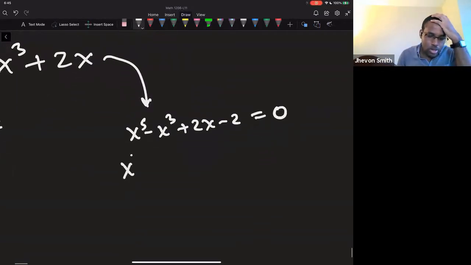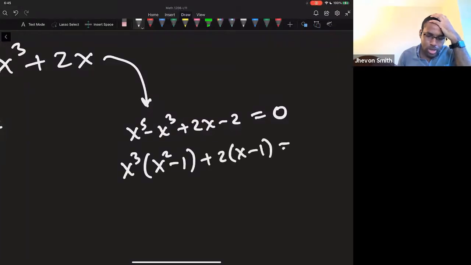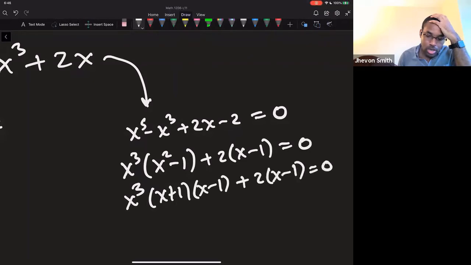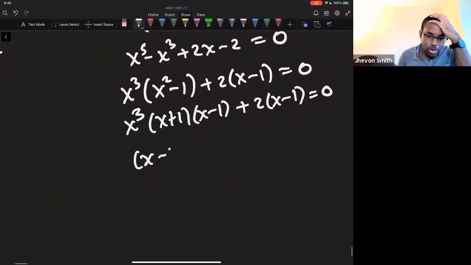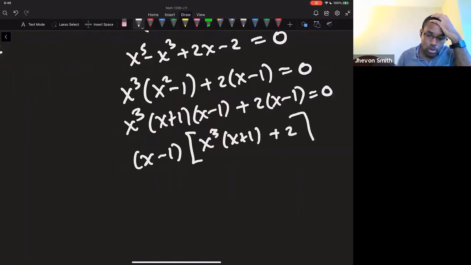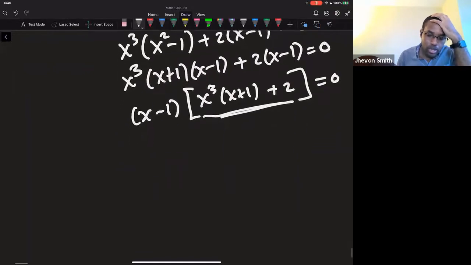Then you'd have to factor off x cubed, and you would get x squared minus 1, and factor out the 2. And that would factor further into x plus 1, x minus 1. And then x minus 1 is a common factor, and you would pull that out. That's x cubed times x plus 1, plus 2.